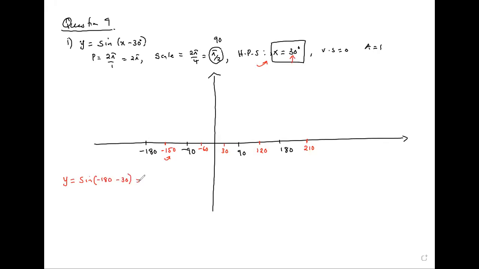This will give us sine of negative 210, which is the same as negative sine 210. Then look for 210. It's in the third quadrant. So we're dealing with negative sine 30, which is negative half.